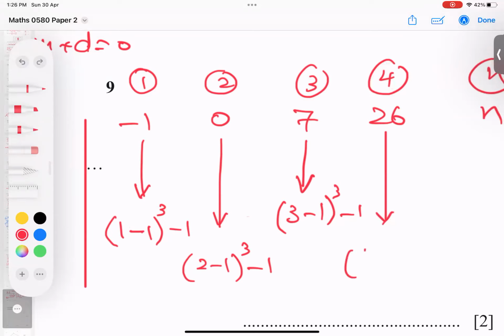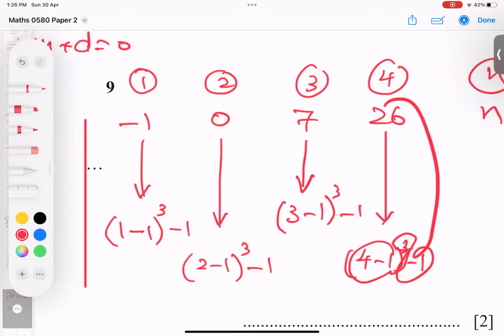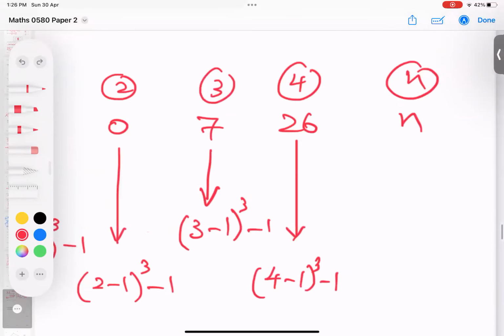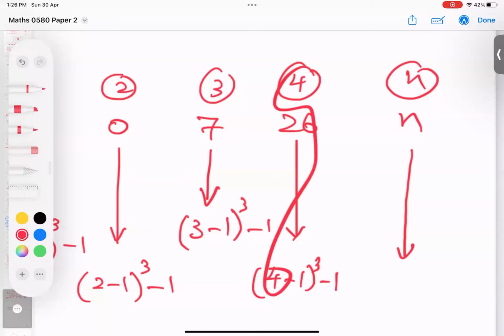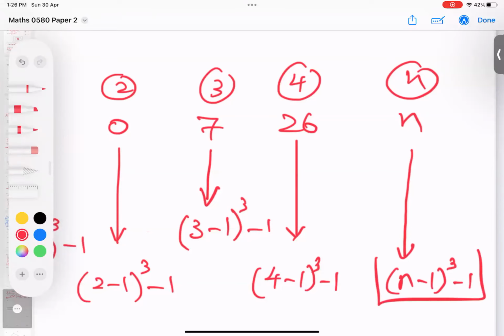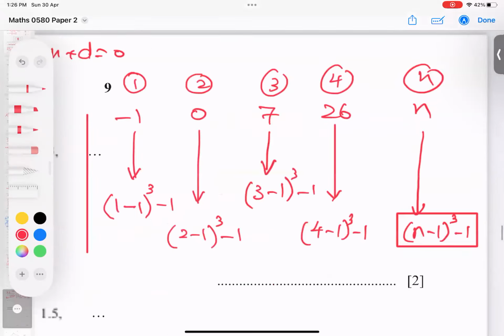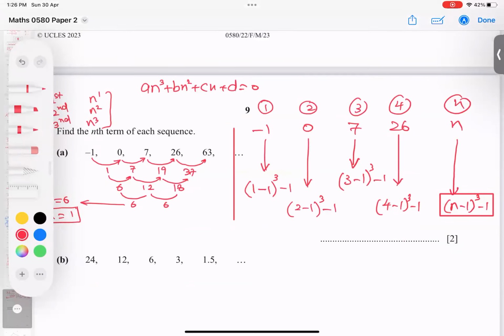So (4 minus 1) to the power 3 minus 1. So 3 to the power 3 is 27, minus 1 is 26, matches. So in this sense, I can say here the formula: I plug in 3, then I plug in 4, then I plug in n. So the formula becomes (n minus 1) to the power 3 minus 1. It's really not an easy job, but anyway, I hope you understood the trial and error method.